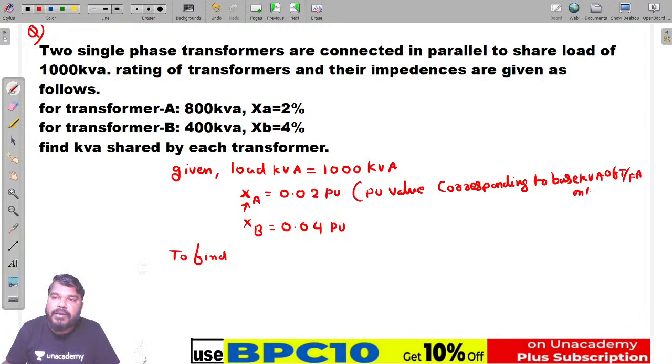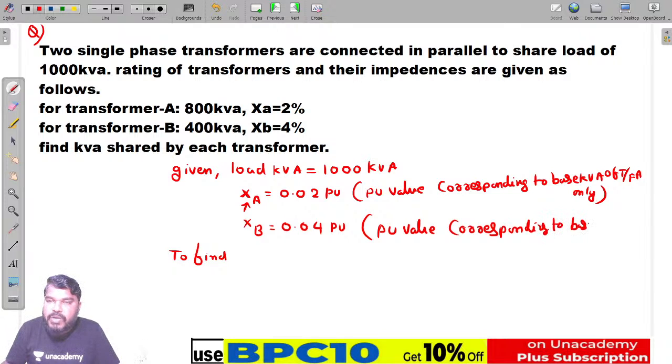This is the per unit value corresponding to the base value of transformer B only.